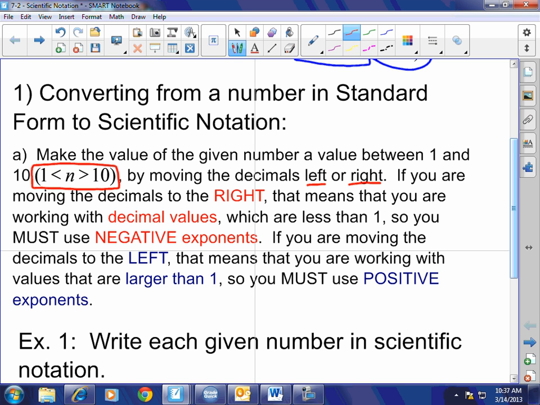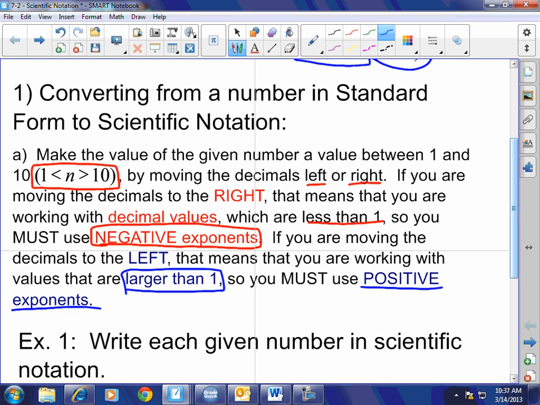If you are moving the decimals to the right, that means that you are working with a decimal value. If you're working with a decimal value, that means that the absolute value is less than 1. So then you must use negative exponents. We have already said this before, but I'm repeating it now again. If you are moving to the left, that means that you are working with values that are larger than 1. And when you have original values that are larger than 1, you're going to use positive exponents.